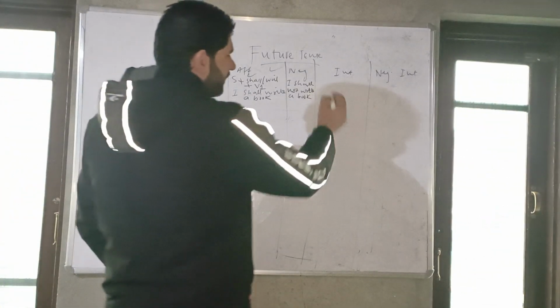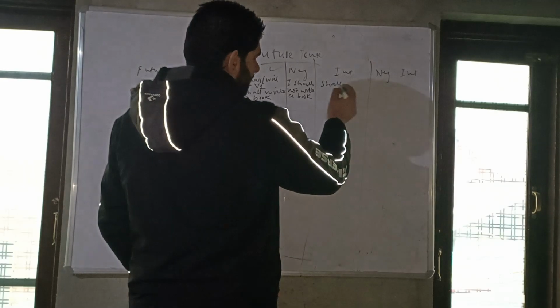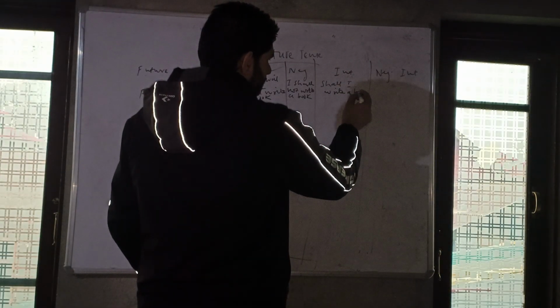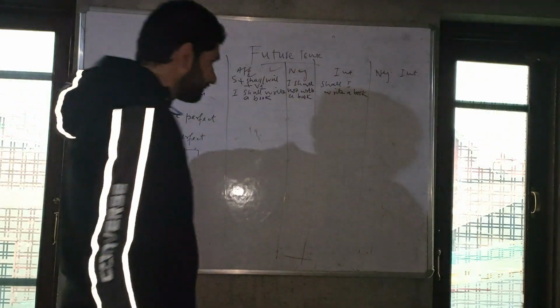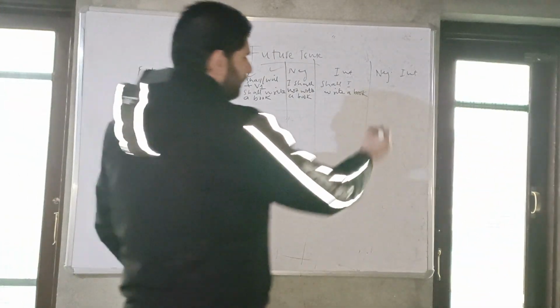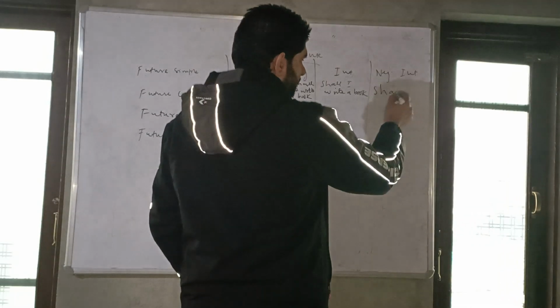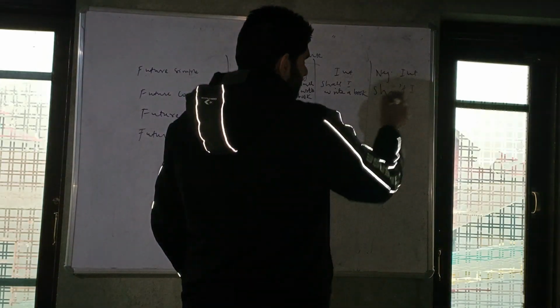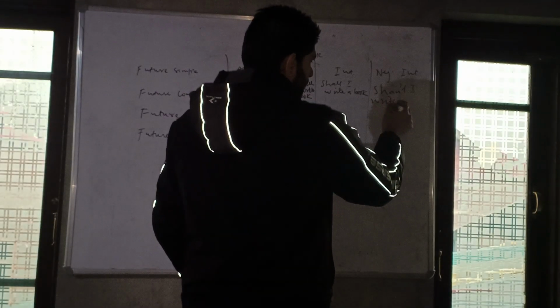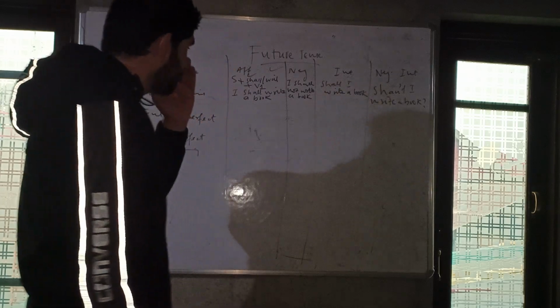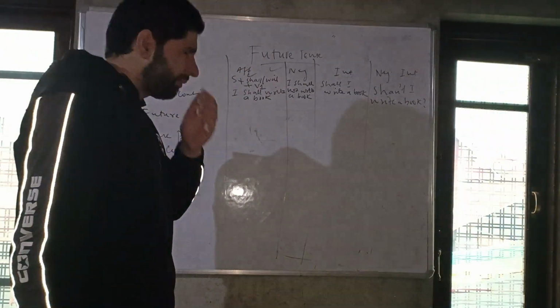And similarly, interrogative, shall I write a book? And then you have to turn it into negative, that is shan't. Shan't I write a book? This shall be future simple.